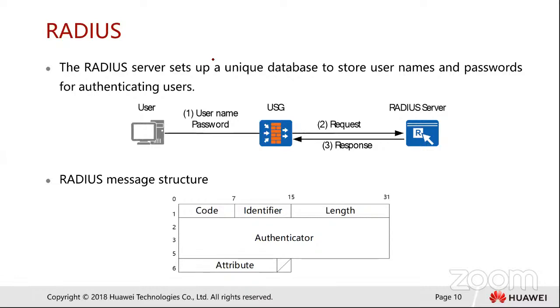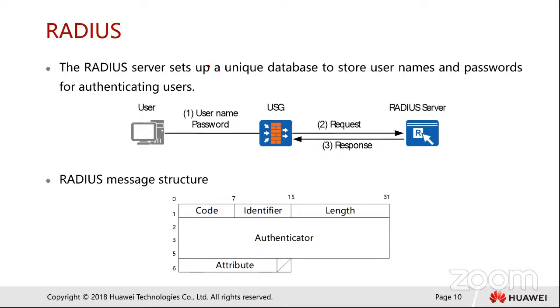So the NAS transfers user authentication and accounting information to the RADIUS server, and then the RADIUS server receives the connection requests from users, authenticates the users, and returns the authentication results to the NAS. RADIUS uses the datagram protocol, UDP, at the transport layer to provide excellent real-time performance, and it also supports a retransmission mechanism and a backup server mechanism to ensure high availability.